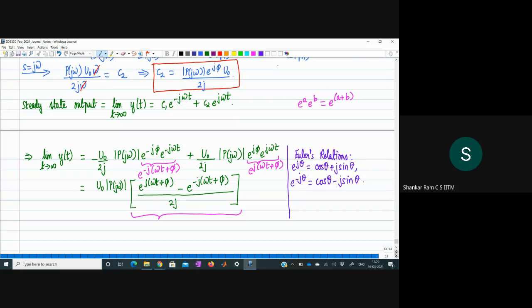Consequently, one can rewrite cos theta as e power j theta plus e power minus j theta by 2, and sin theta as e power j theta minus e power minus j theta divided by 2j. Okay, so these are what are called Euler's relations. Some complex algebra. So now, if I use Euler's relations here, what will we get?